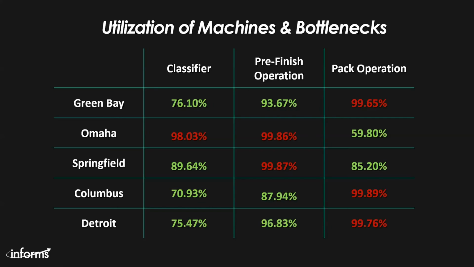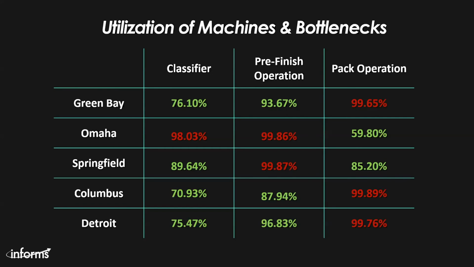Sure. So, for example, if you had an operation that is blocked by the downstream operations, would you consider that as part of utilization, or would it be idle time? Can you repeat the question again? Sure.